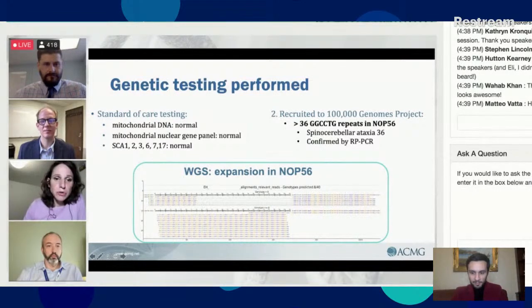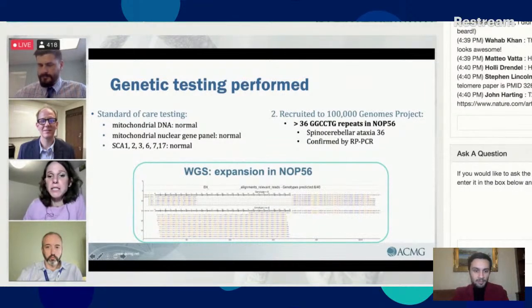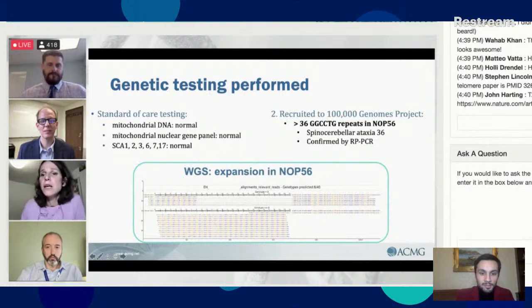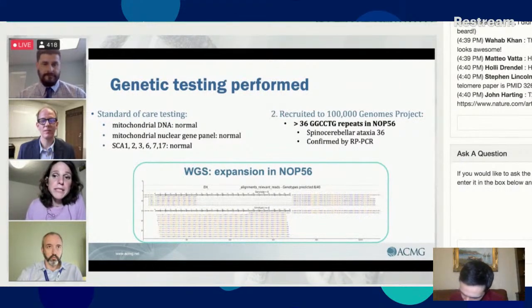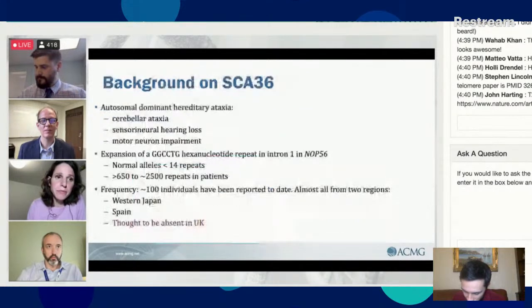The plot here shows you the pile-up of the whole genome sequencing from this patient in the NOP56 region, showing a short allele and a larger allele, indicating the presence of an expansion in NOP56. Expansions in NOP56 cause spinocerebellar ataxia 36, and on review of the clinical features, they were consistent with spinocerebellar ataxia. The expansion was also confirmed by RP-PCR.